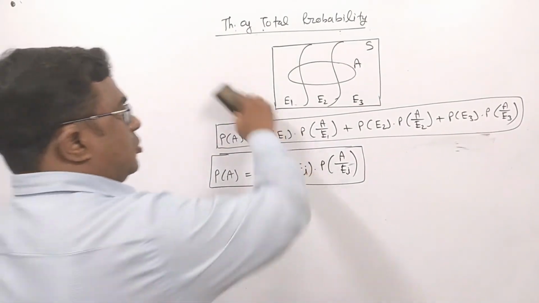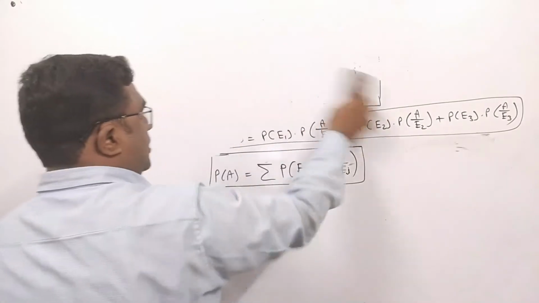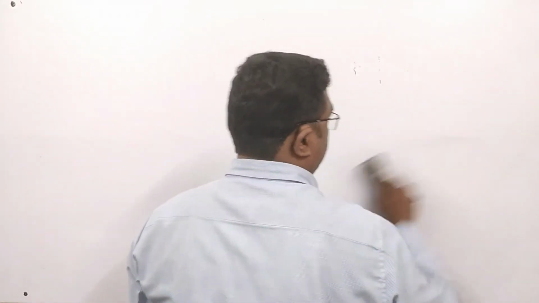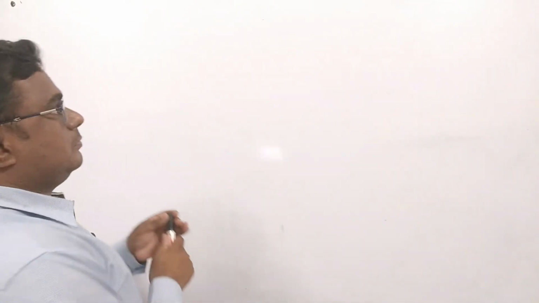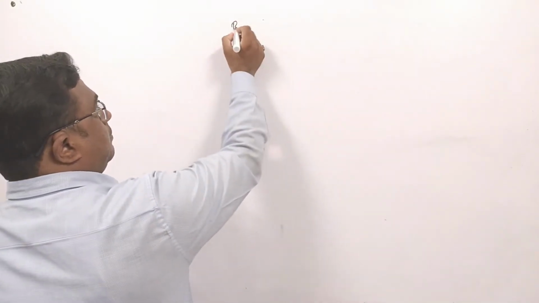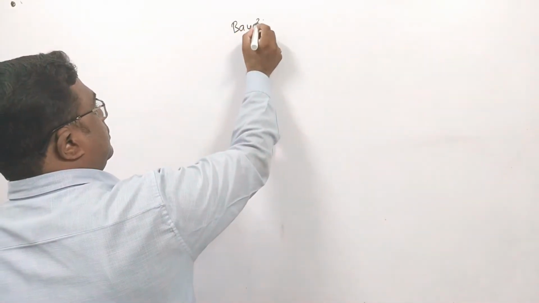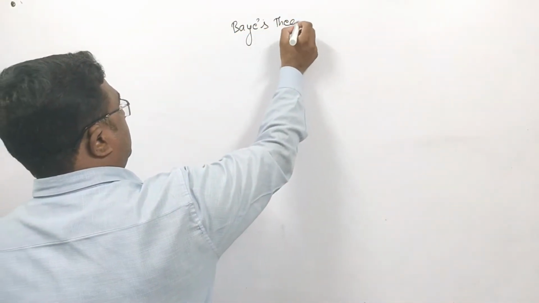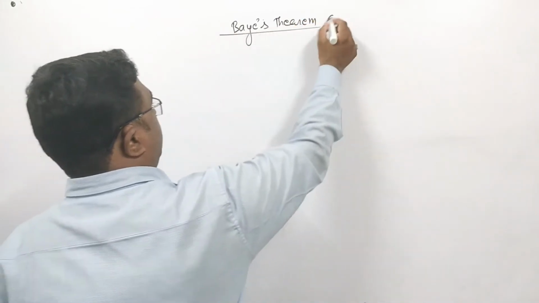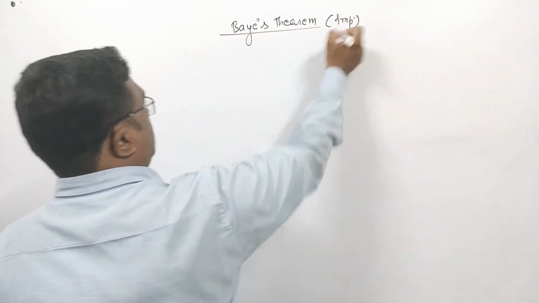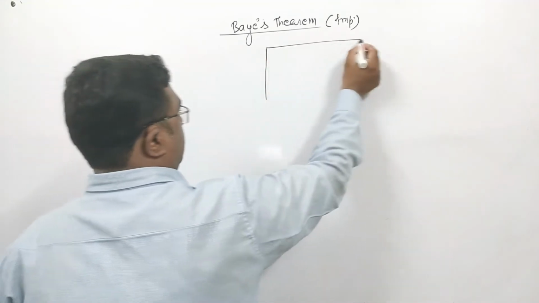Now our next theorem is Bayes theorem, which is very important theorem in this chapter. Bayes theorem, and this theorem is very important. Again, it is sample space.